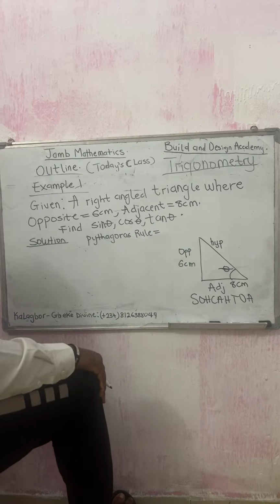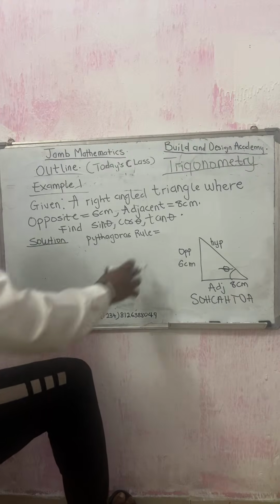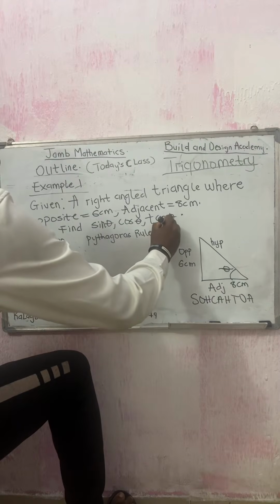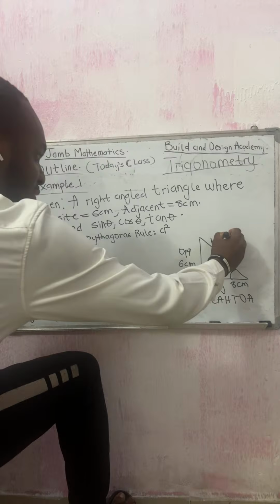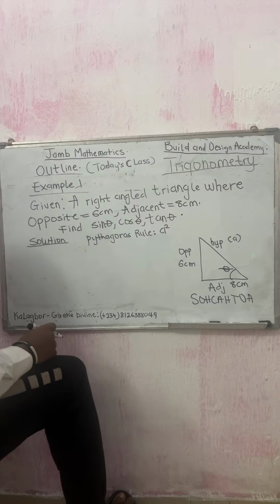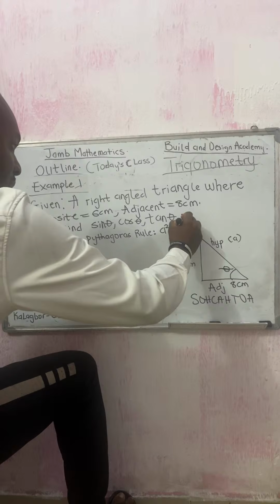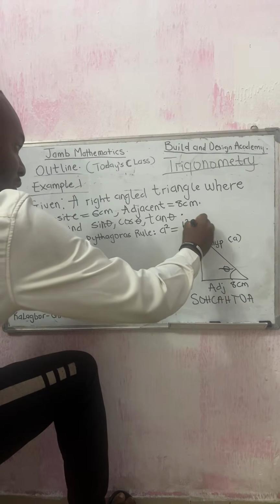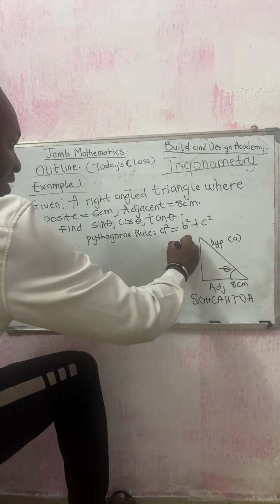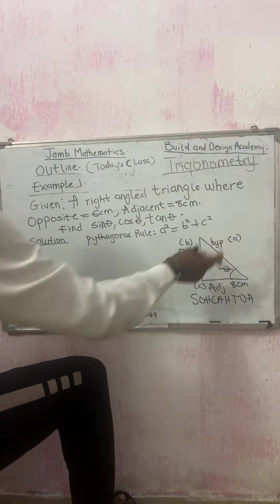And Pythagoras rule is very simple. Pythagoras rule simply says that A square, remember our hypotenuse is A, take note of that, A square is equals to B square plus C square. In this case our hypotenuse is A, let's say our opposite is B and our adjacent is C. You can change it.